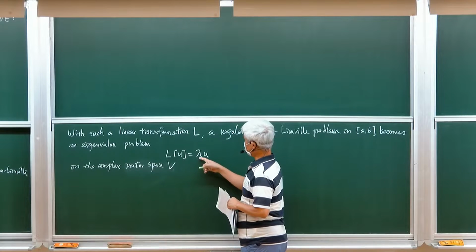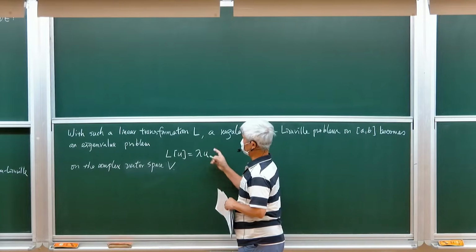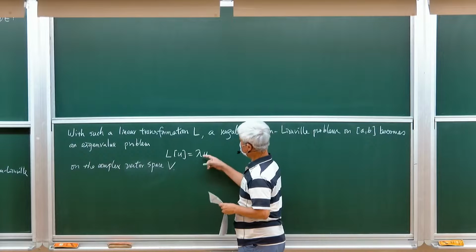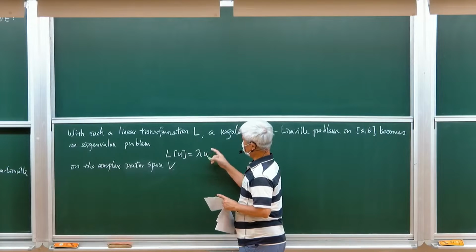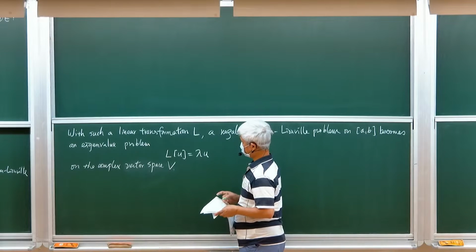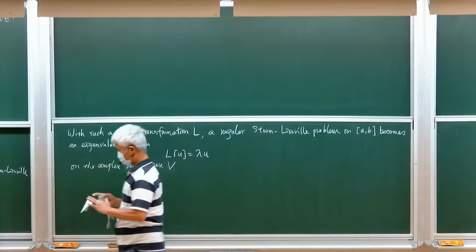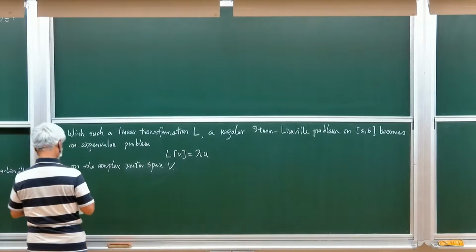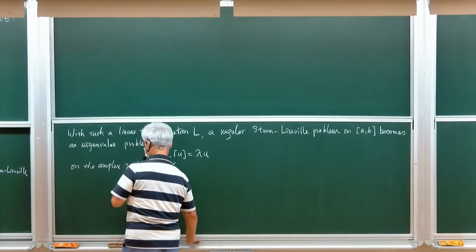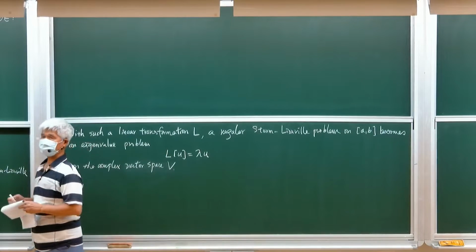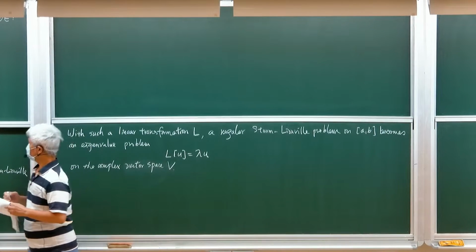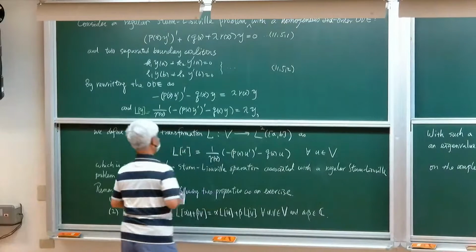So lambda is an eigenvalue, and u, for any nonzero u, will be an eigenfunction. Okay, so now we will investigate the solution.